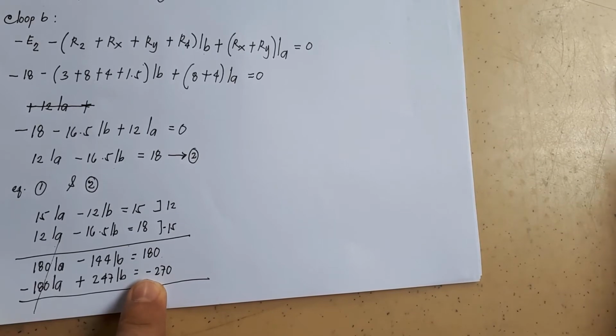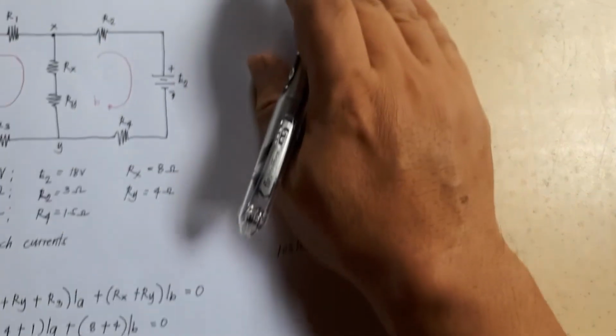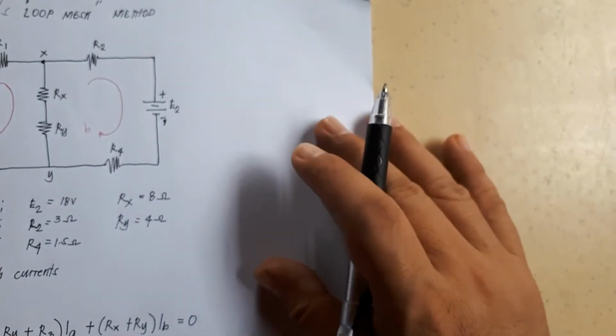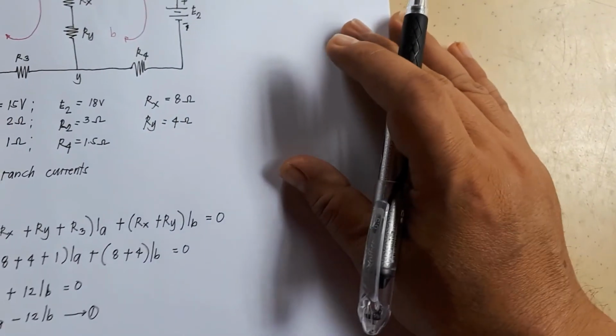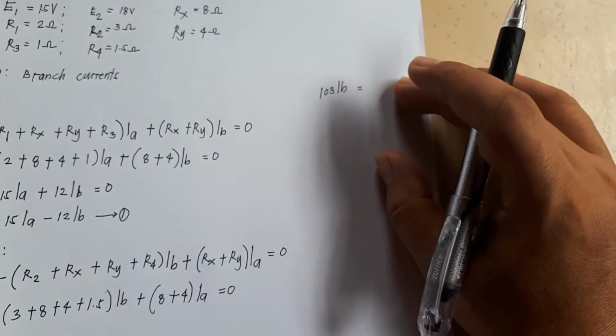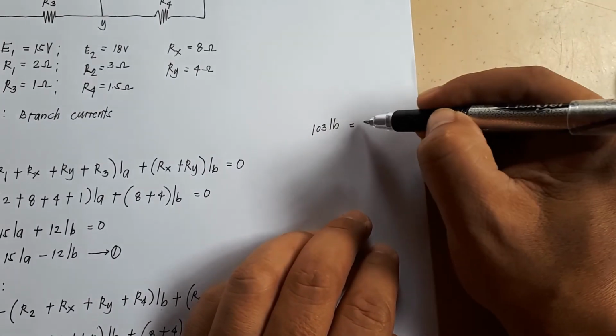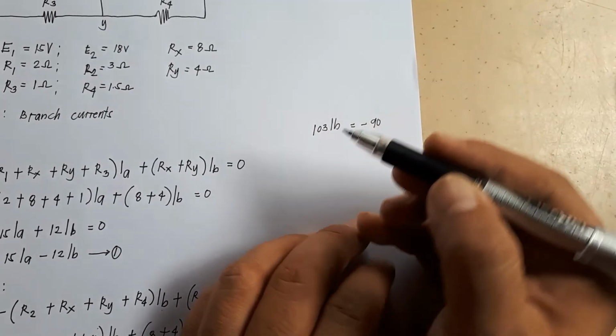So in that case, 270 and 180 now will give us a value of negative 90 there.